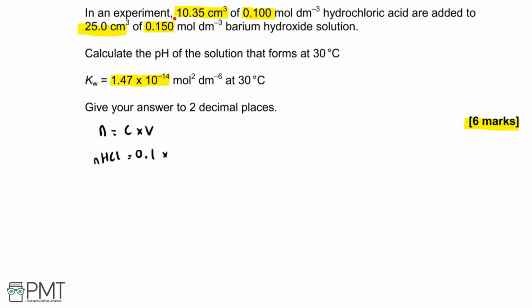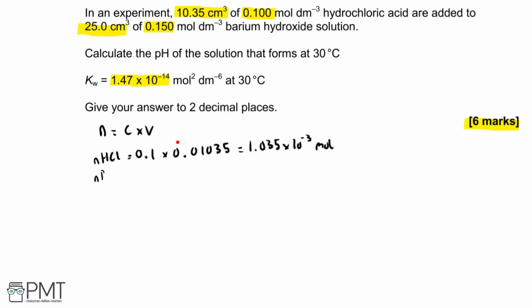So we're going to divide by 1,000 to convert centimeters cubed to decimeters cubed. So we're going to get 0.01035, which is going to get us a value for the moles of hydrochloric acid at 1.035 times 10 to the minus 3 moles. Then we're going to do the same for our barium hydroxide.